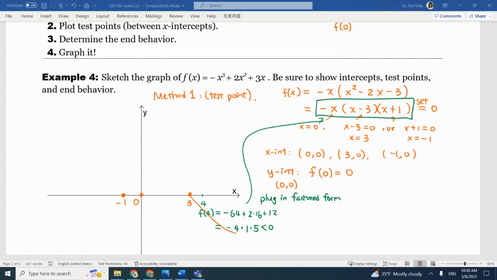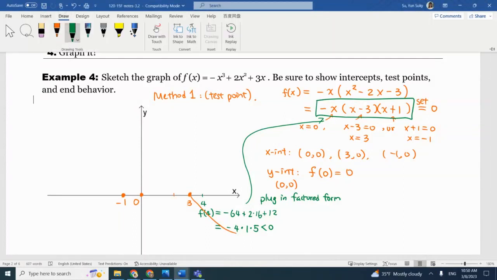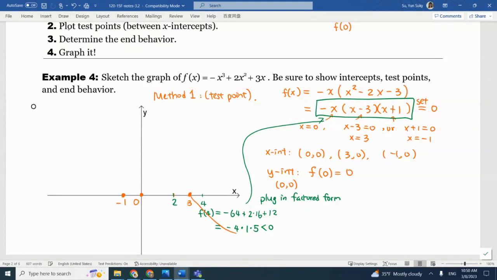Can you give me a test point between 0 and 3? Pick a point. 2. So pick a point 2. All right. F of 2, plug in the factor form.